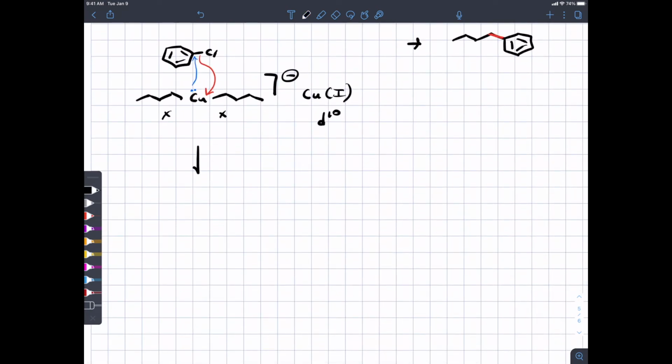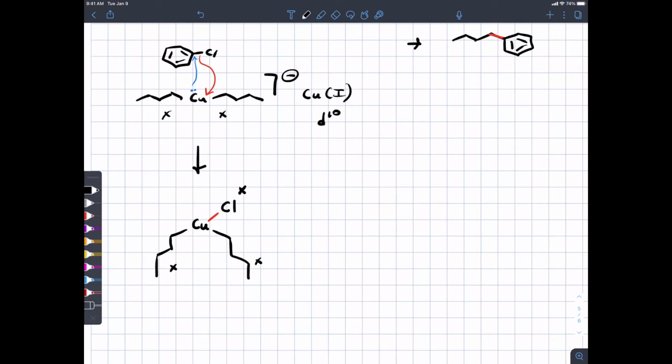But as soon as we do that, the new complex that we get is different than it used to be, because we now count the electrons in the copper chloro bond as belonging to chloro because it is an X-type ligand.